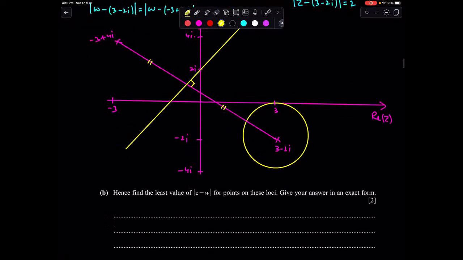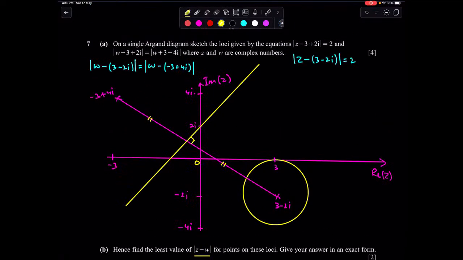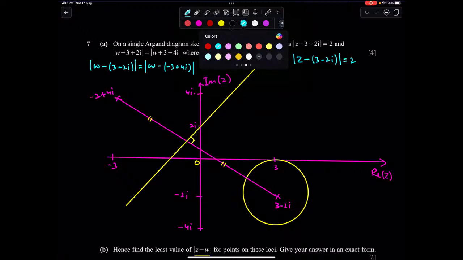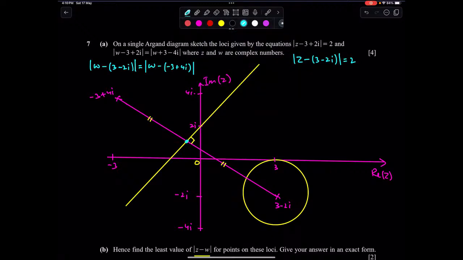Now the next part is, hence find the least value of z minus w. So w is on this line, the bisector, and z is on the circumference. For the least value, w should be here because shortest distance means least value, and z must be here.